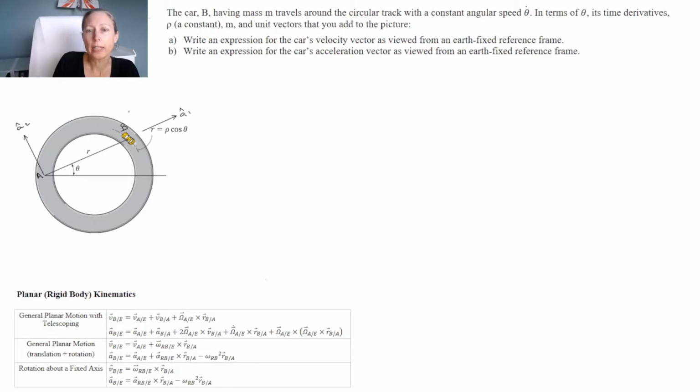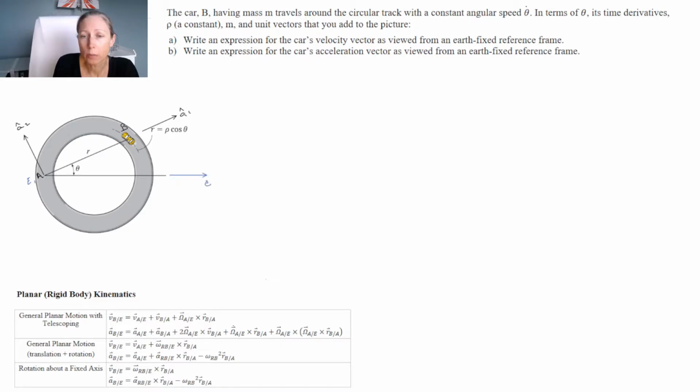And now I need an earth fixed reference frame. And so I'm going to go ahead and put it such that its origin is also at point A. I'm just going to co-locate this point E at point A. And I'm going to define E1 and E2 such that they are equal to A1 and A2 when theta is 0. So when theta is 0, A1 would be right here.